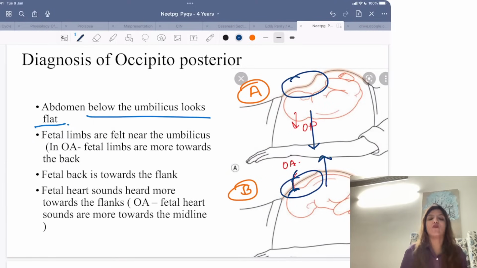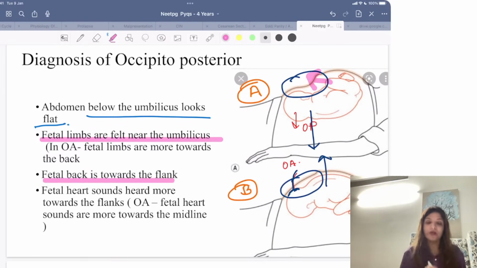Whereas in case of occipito-anterior position, fetal heart sounds will be very easily heard because back is towards the umbilicus, right? So in case of occipito-posterior position, abdomen below the umbilicus looks flat, number one. Number two, fetal limbs are present near the umbilicus.